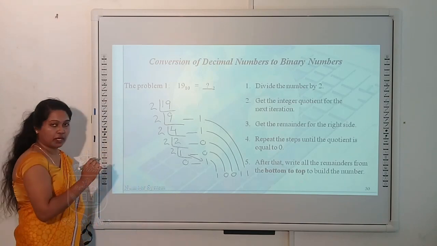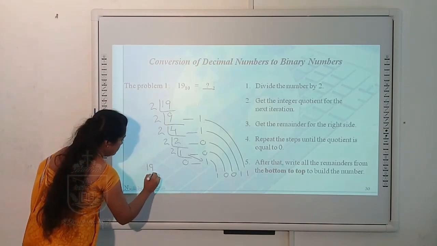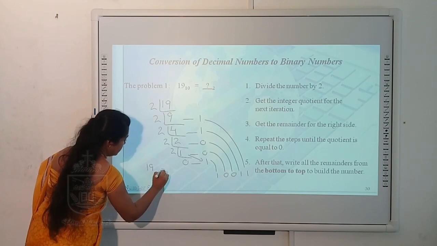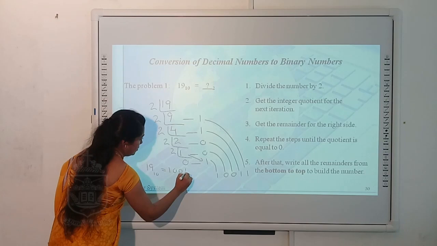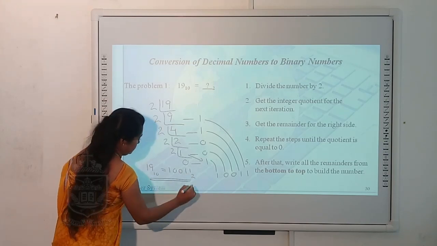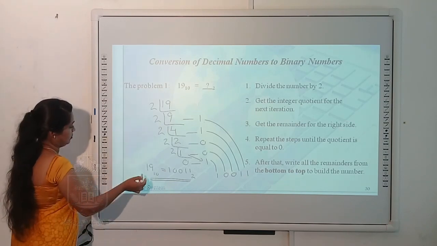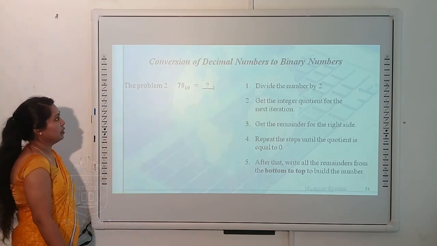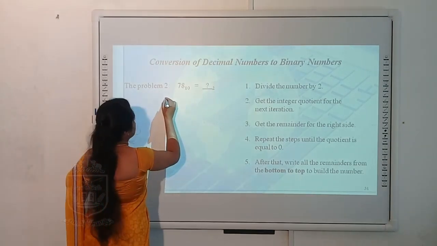Then you can write down the answer like this. 19 base 10 base 2. Right, next one, problem 2.